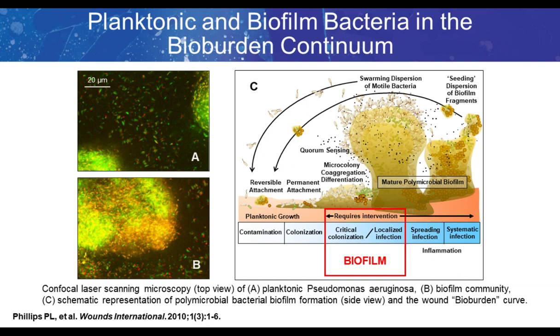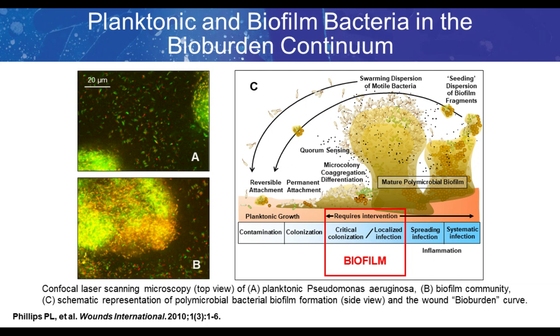But if the planktonic bacteria are able to attach in quorum sense and evade our natural immune system or our exogenous antimicrobials, they can eventually begin to convert into the biofilm.